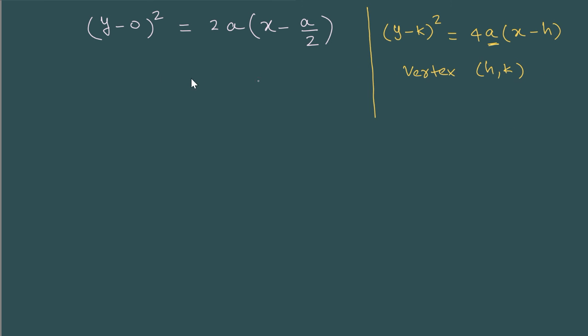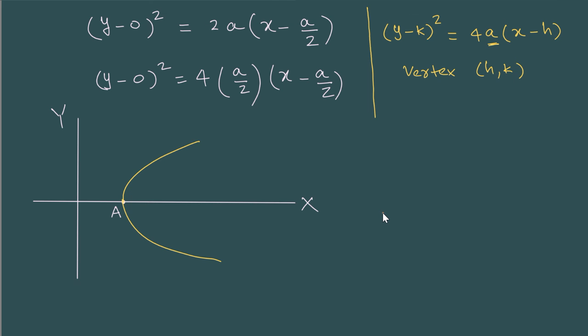Now if I compare the equation that we have obtained to this, and slightly modify the right hand side, I can write this as 4 into a by 2 into x minus a by 2. Here I have shown the parabola.